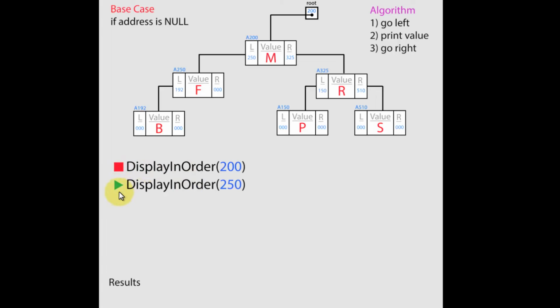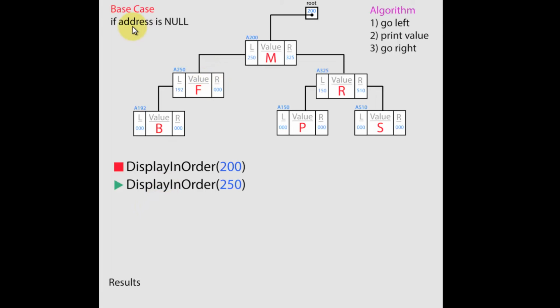And then this function called displayInOrder on 250, which is right here. The reason I paused it is eventually we need to backtrack and print its value and then go right. And then once all these three things have occurred, then we can remove this displayInOrder 200 from the call stack. Right, but now we have a new displayInOrder on 250.